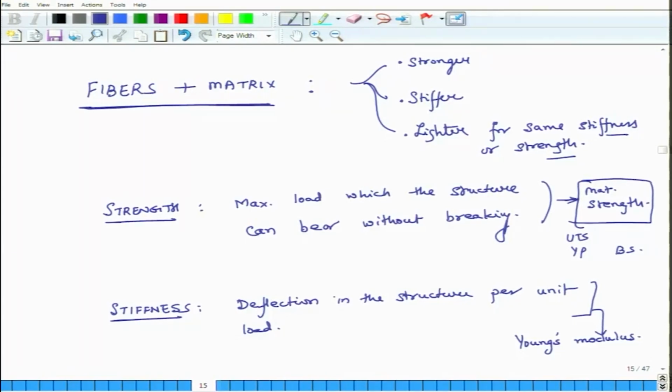But anyway, it is related to the modulus of the material. It also depends on the geometry and shape of the structure, but it also strongly depends on the Young's modulus. So, a lot of times we get confused between strength and stiffness. If we have to make things stronger, then we have to make sure that it has higher strength. If I have to make things stiffer, I have to make sure that its modulus becomes larger. It could be Young's modulus or shear modulus or bulk modulus, one of these things.